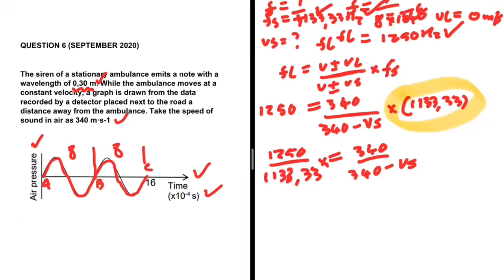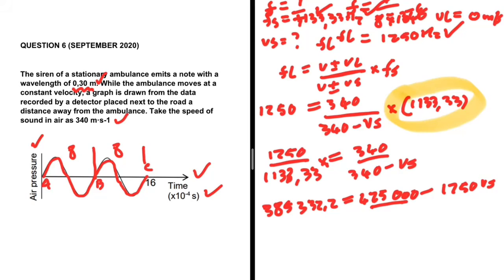So if we cross multiply, we're going to have 385,000 332.2 being equal to 1250 multiplied by 340, so 425,000 minus 1250 VS. So I'll take this to the left hand side, obviously.